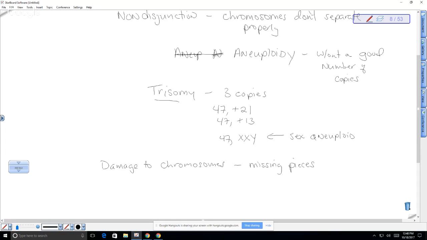So notice how we only looked at 21 and 13. If this was the first chromosome, which is huge, and you had a whole extra copy of all of those genes, you would never see that because that would be lethal. So these just happen to be non-lethal. It's not that they occur any more frequently than other non-disjunctions.